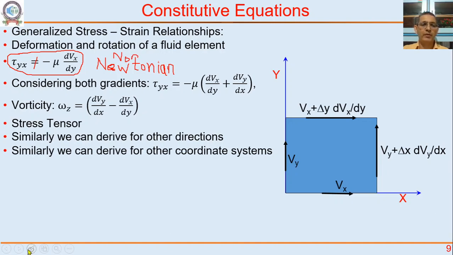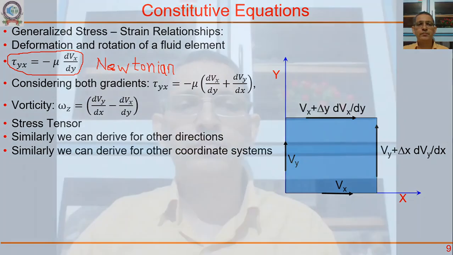Okay, so right now let me rub out this not-equal sign and let me rub out this non word as well. Now again imagine this fluid element that we have seen, Vx changing with y, or Vy changing with x.